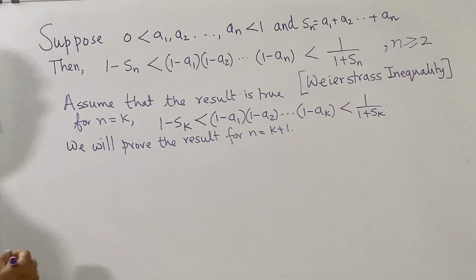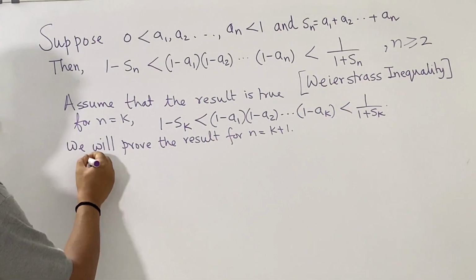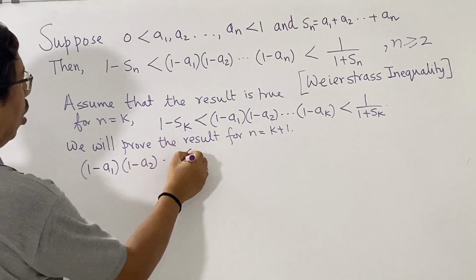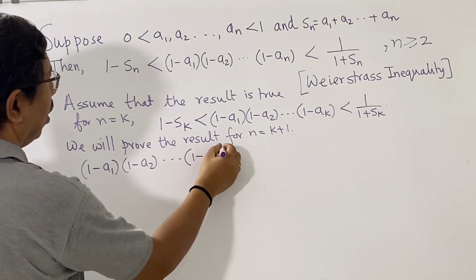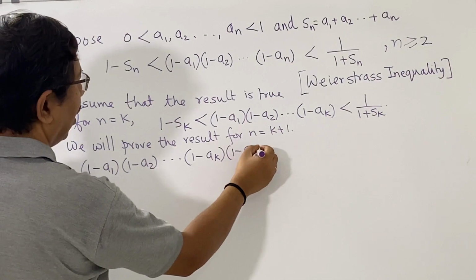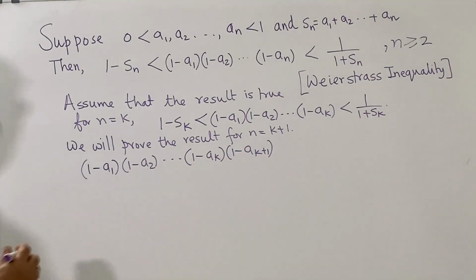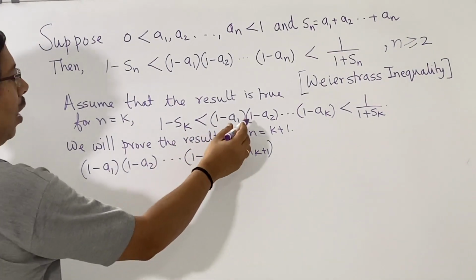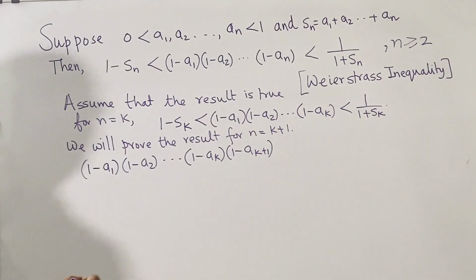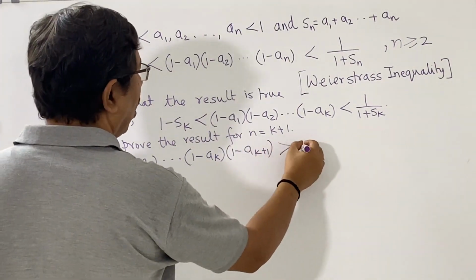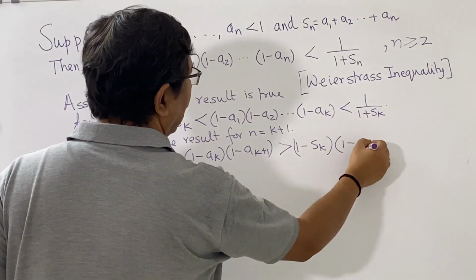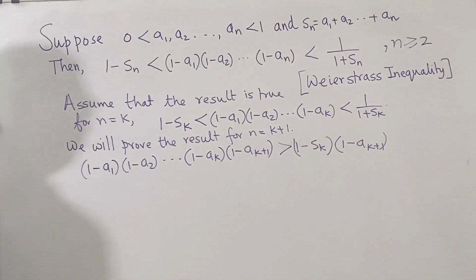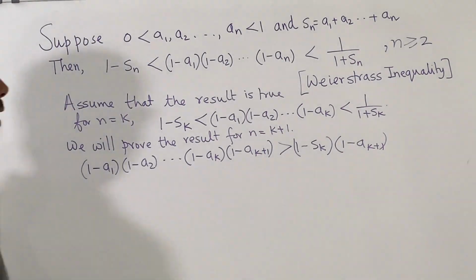So to do that, let us work with (1 minus a1)(1 minus a2)...(1 minus ak)(1 minus a k plus 1). Now we know that (1 minus a1)(1 minus a2)...(1 minus ak), by the induction hypothesis, is greater than 1 minus sk. So the final quantity is greater than (1 minus sk)(1 minus a k plus 1).